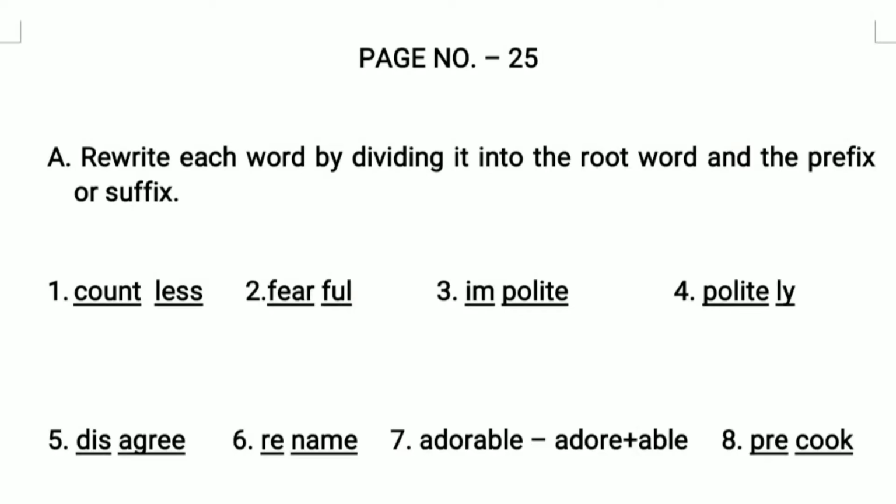Now children, we move to exercise number B. All of you look at exercise number B, children. Form new words by adding prefixes or suffixes to these words from the box. And if you can see on your page number 25, there's already a box given to you and the suffix or the prefix is already written.